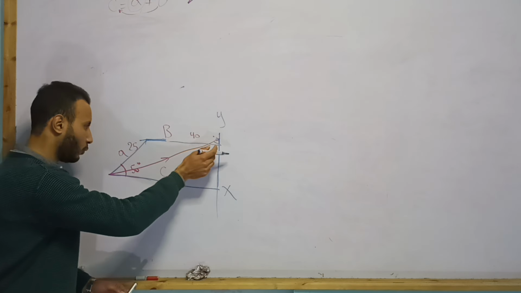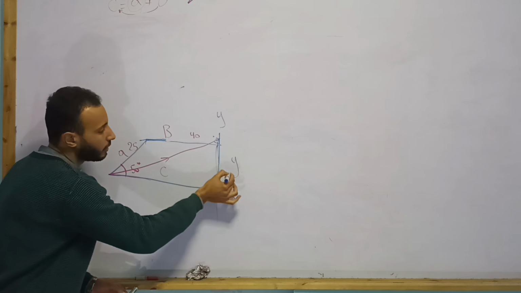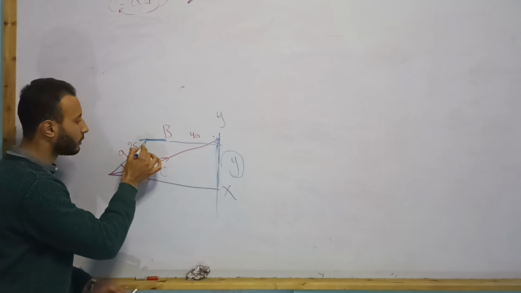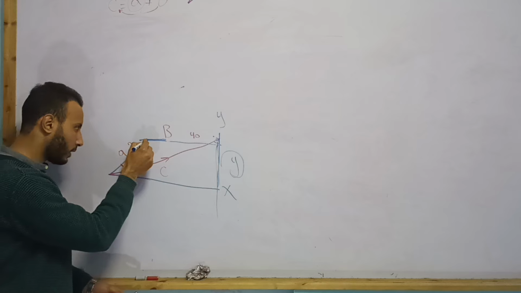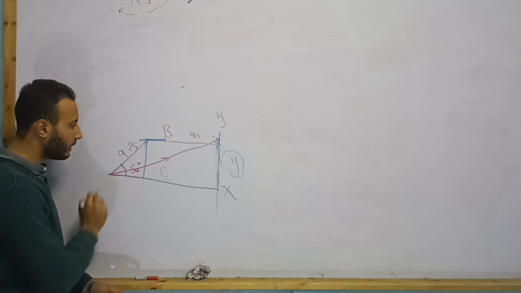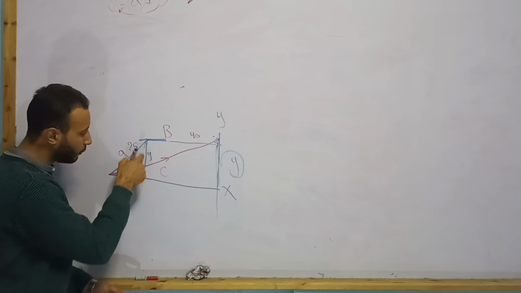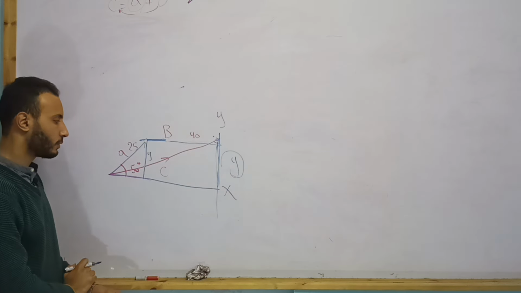we will say that this part is called the y component. Y component of which vector? Of this vector. Why do you say that this is the y component of this vector? Because if you make a right angle here, this is the y component. This one is equal to this one, so this is the y component also.